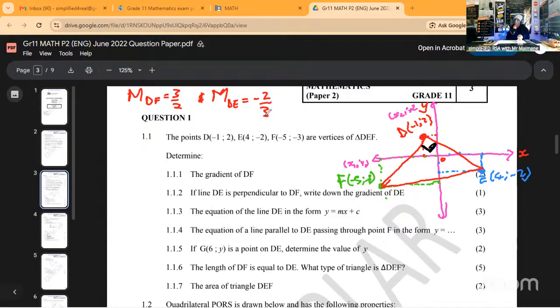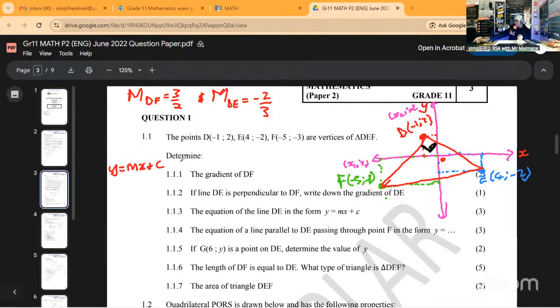These are the two things we have. Now, we are required to calculate the equation of line DE for 3 marks. I don't even know why they make it 3 marks. y is equal to mx plus c for DE.